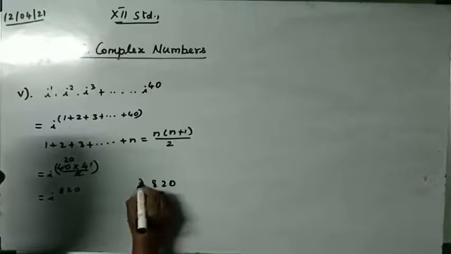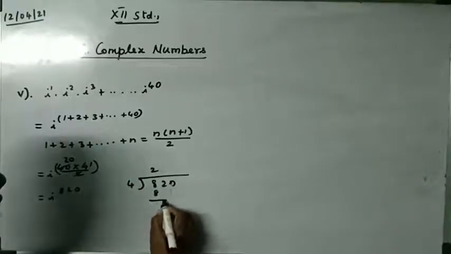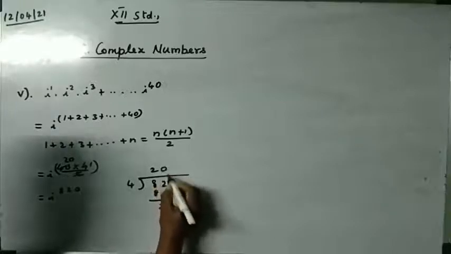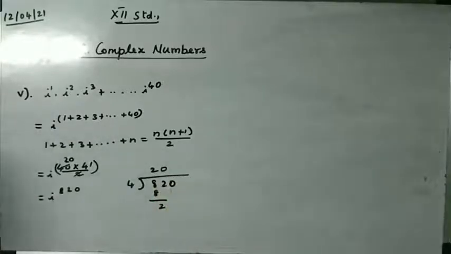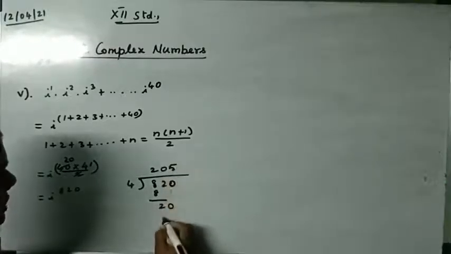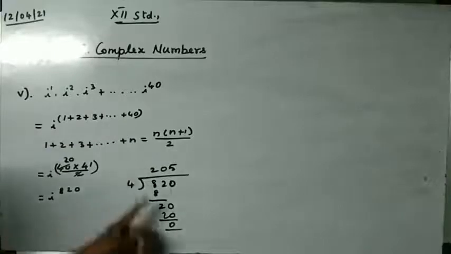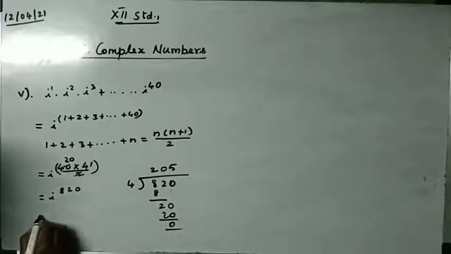So 8, இறக்குனா, so it should not be divided by 4. Take a 0, then 0 கீழ இறக்கிக்கோங்க, then 5 4s are 20, balance 0. So 4 into 205 plus 0 ன்னு இதை பிரிக்கலாம்.